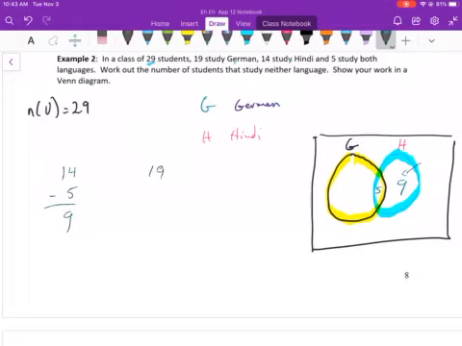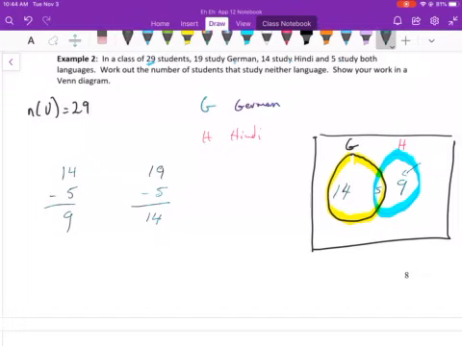I know that the area of my yellow circle is 19. Those are the number of students who speak German. If I subtract the number of students who speak German and Hindi, what I'm left with is 14 students who just speak German.